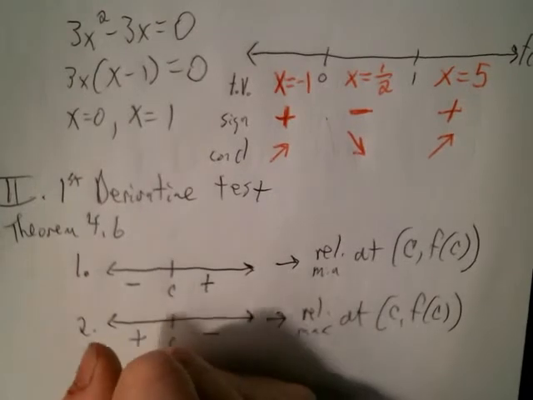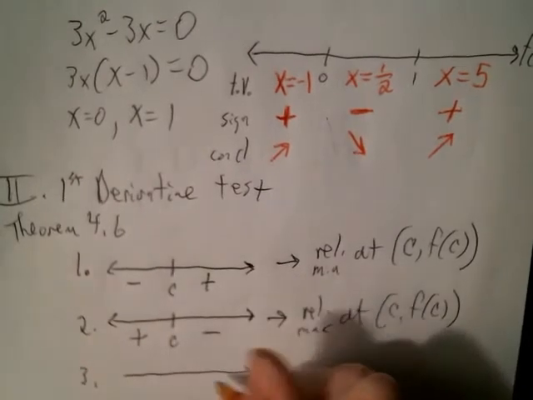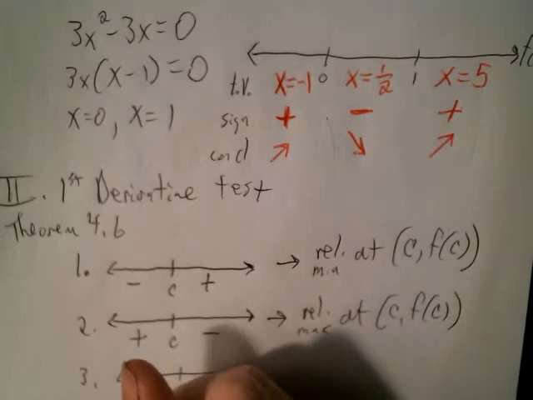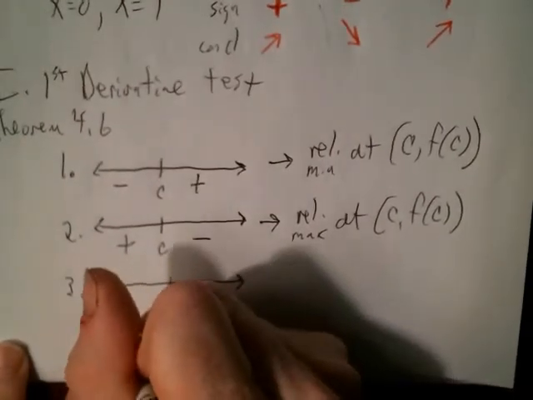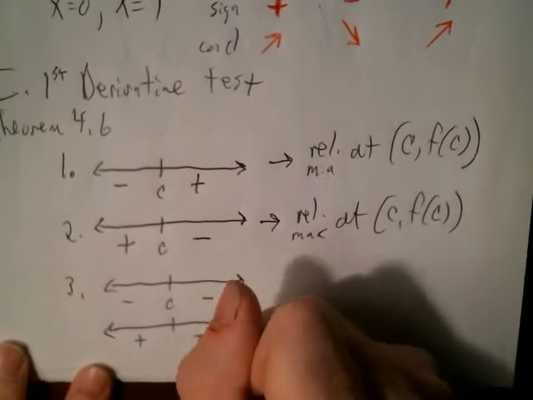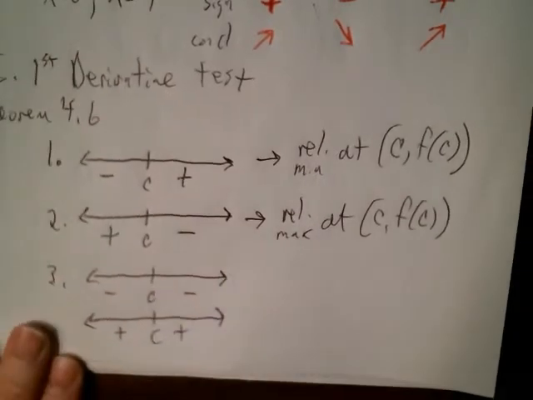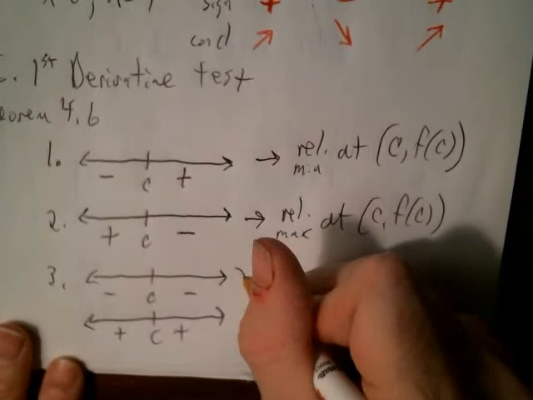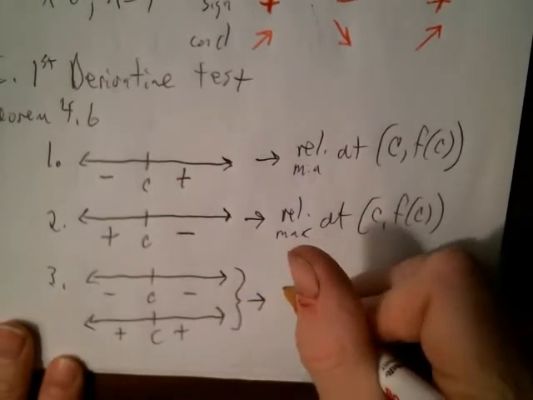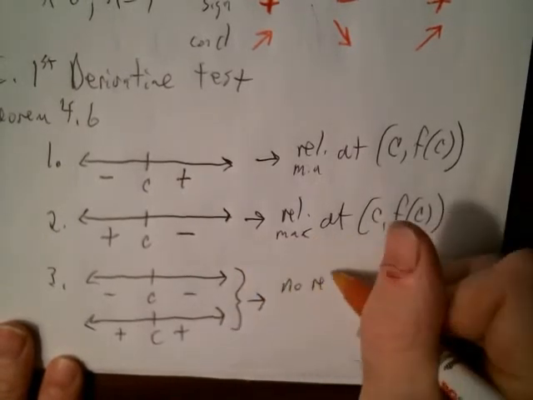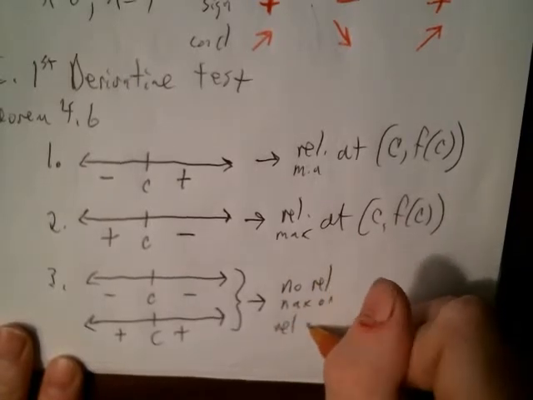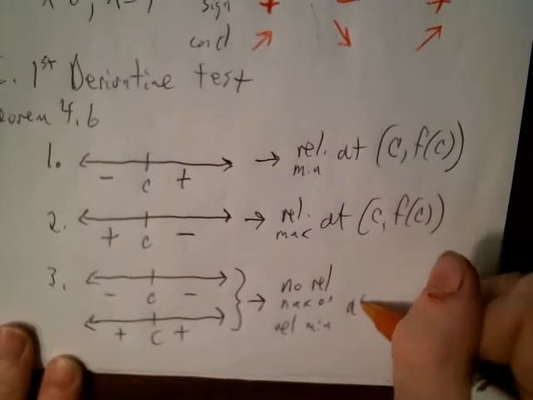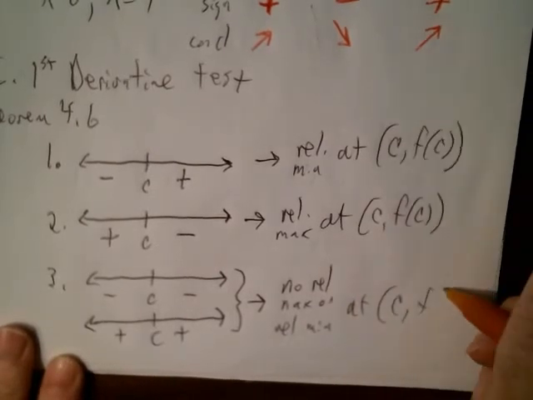And then thirdly, if the sign of the derivative does not change, in other words, maybe it goes from negative to negative, or on the other hand, it goes from positive to positive, there's really no max or min at this particular juncture, right? So we'd say no relative max or relative min at the point c comma f of c.